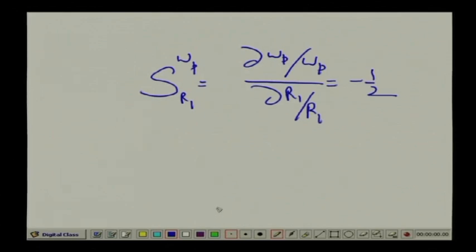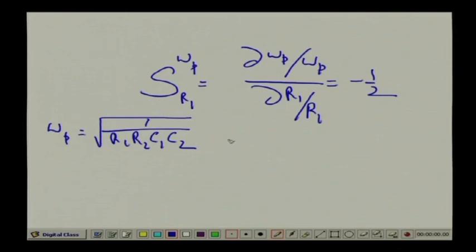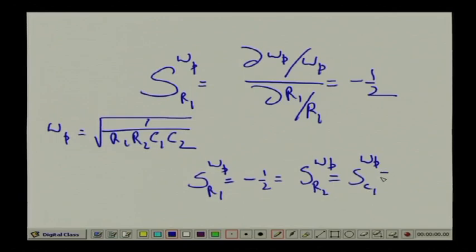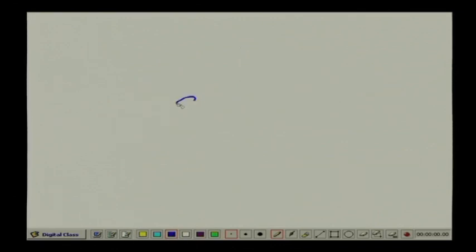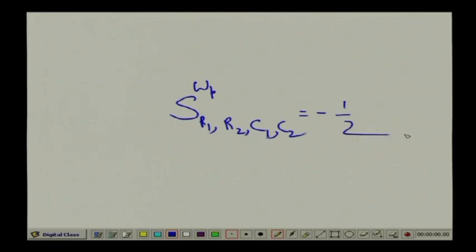Interestingly, since omega p is equal to root over 1 upon R 1 R 2 C 1 C 2, S omega p R 1 is equal to minus half, and I can write S omega p R 2, S omega p C 1, S omega p C 2, or in combined way S omega p with respect to R 1 R 2 C 1 C 2 equal to minus half, right.